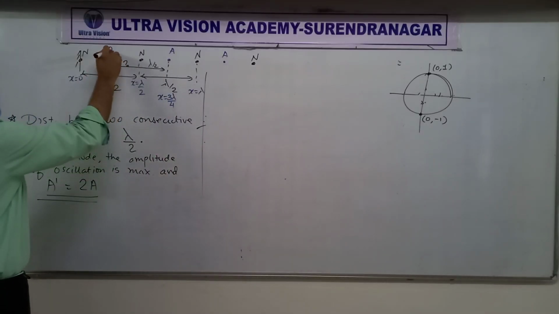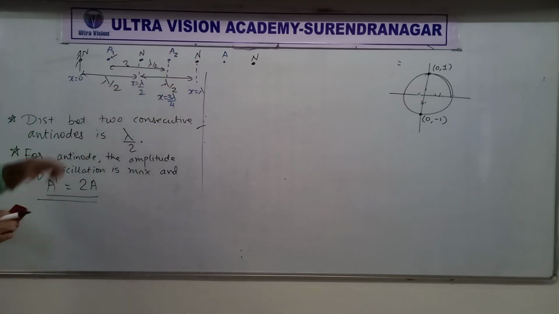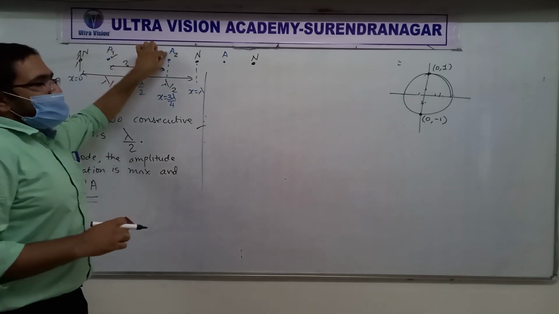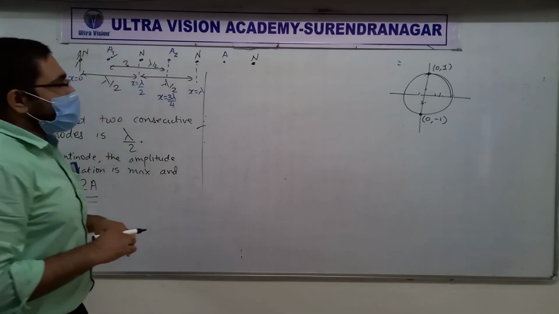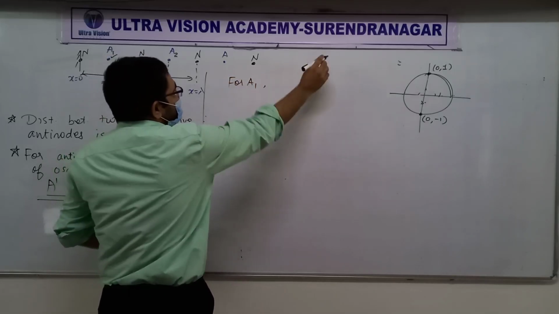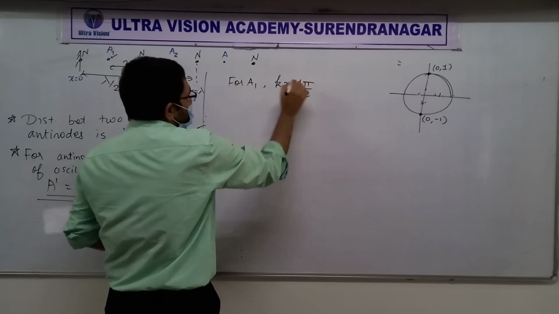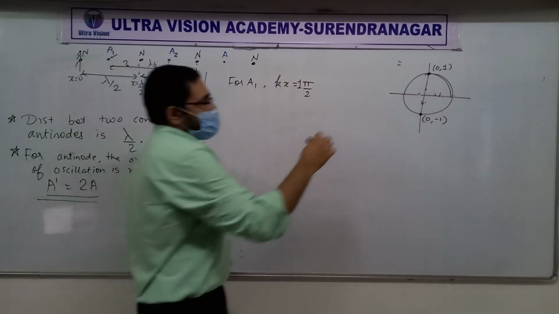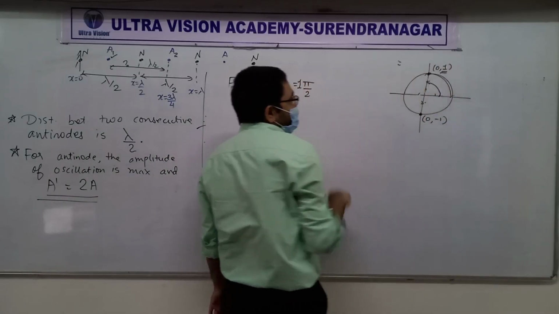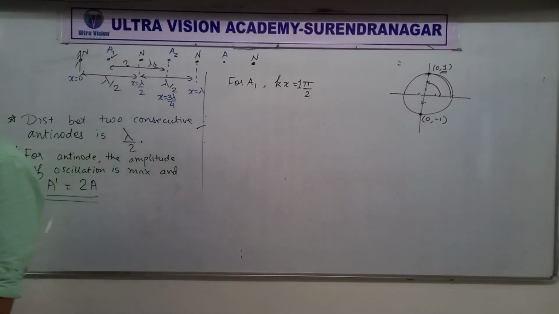Let's call it A1 and this A2, so we can communicate easily. A1 is the first antinode and A2 is the second antinode. For A1 we have kx equal to pi by 2. Why so? You start from here and you go to here, so you get the maximum value of sine. Yes or no?